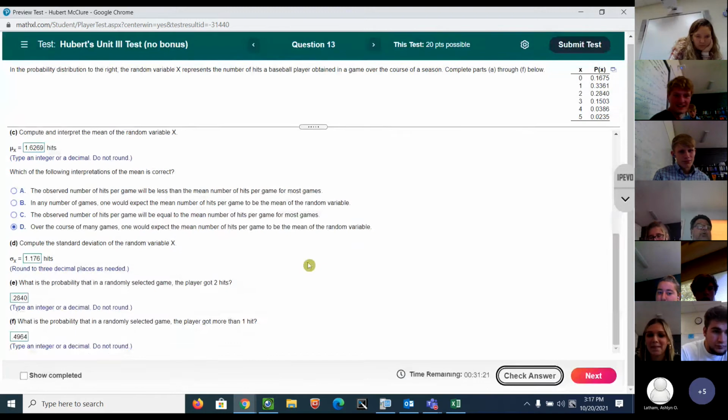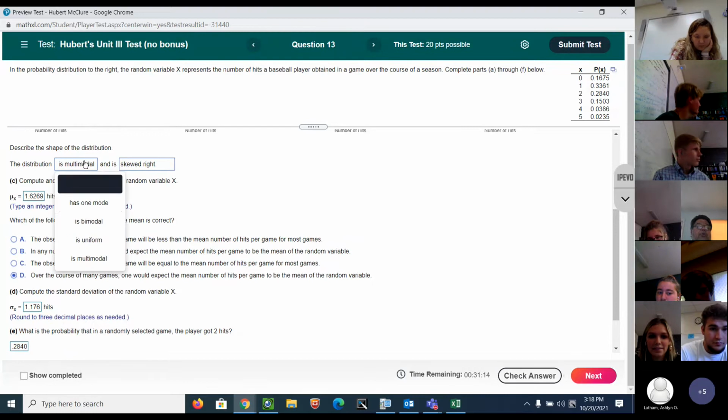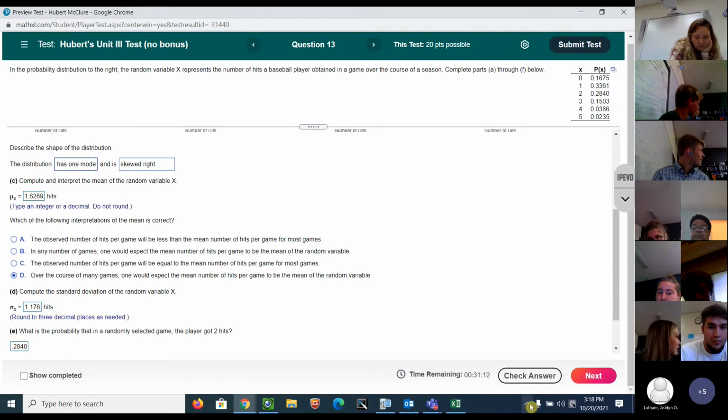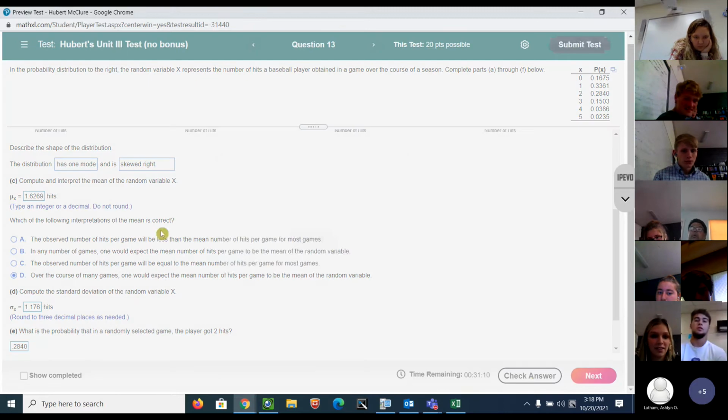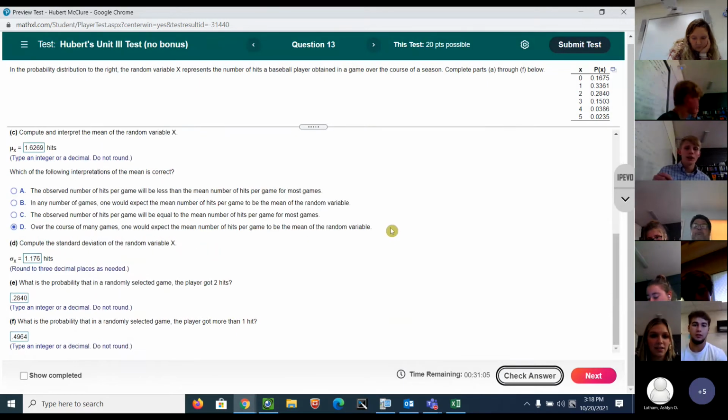So I must have a rounding issue somewhere. Round to 3, do not round, or that multimodal, let me see. That's it, has one mode. All right, so that's that one.